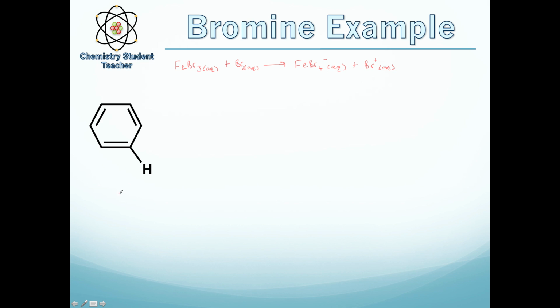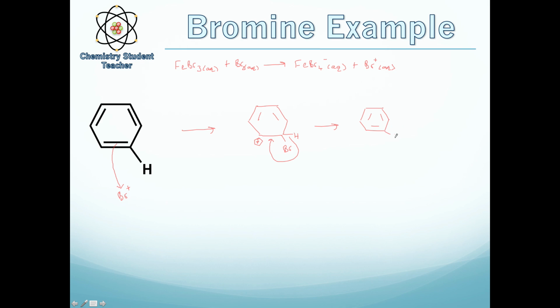Now that can react. So we have our Br plus electrophile here. Double bond, double-headed arrow representing 2 electrons comes here, attacks the bromine. That forms this intermediate here, where you've got your hydrogen still on the carbon, and you've got your bromine on the carbon. Now this bond can break and go between the 2 carbons, leaving the pi system intact once again, and that has a positive charge on there.